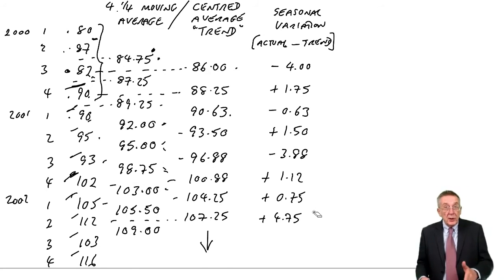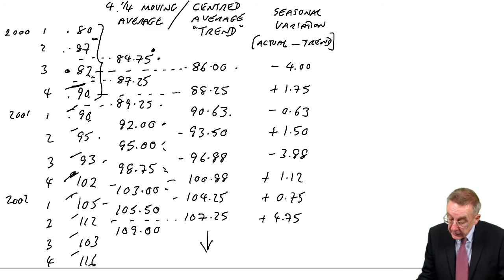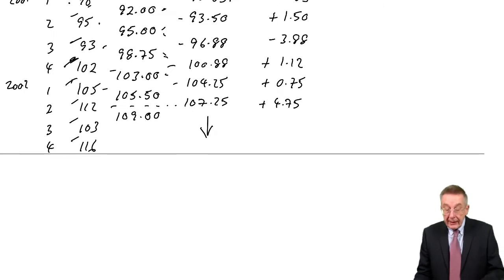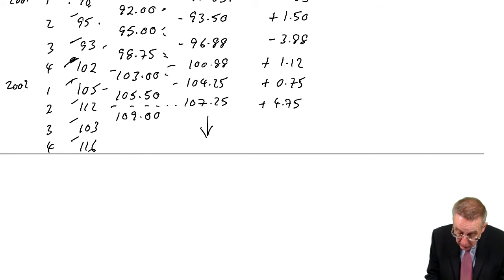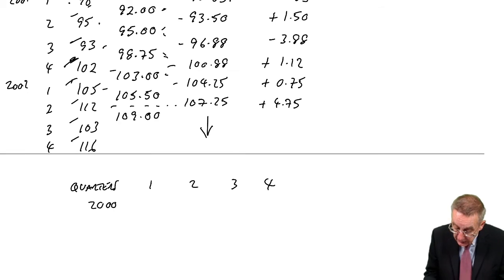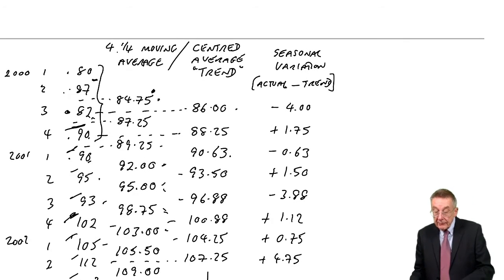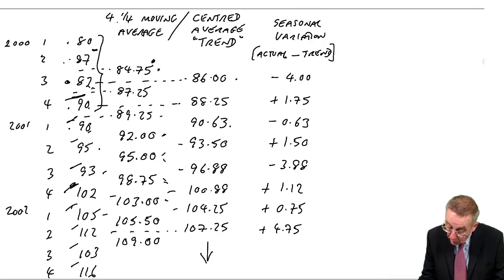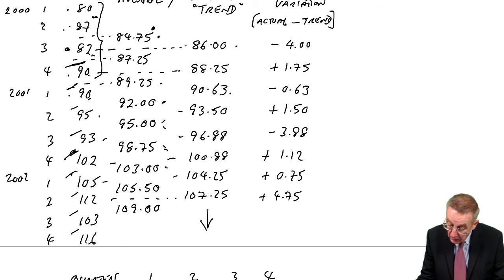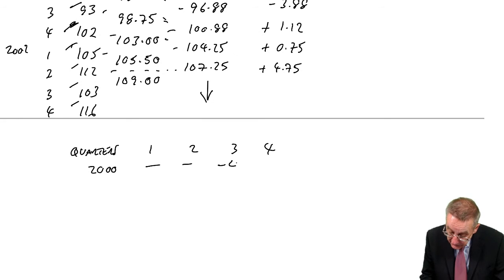But if we want to forecast the seasonal variation, well, let's work out the average. So let's work out the average seasonal variation with 4 quarters. In 2000, well, with nothing for the first 2, but quarters 3 and 4. Quarter 3 was down 4, and quarter 4 was up 1.75. Minus 4, up 1.75.